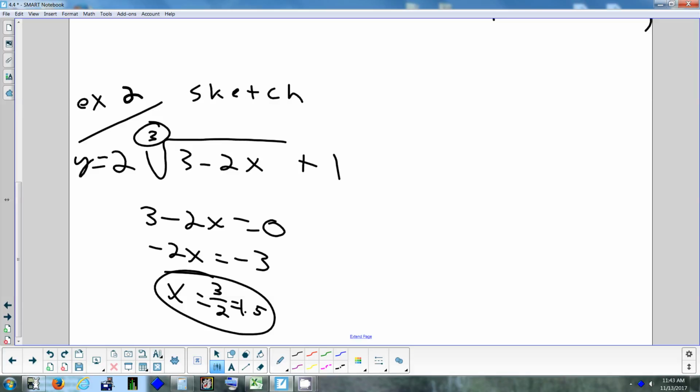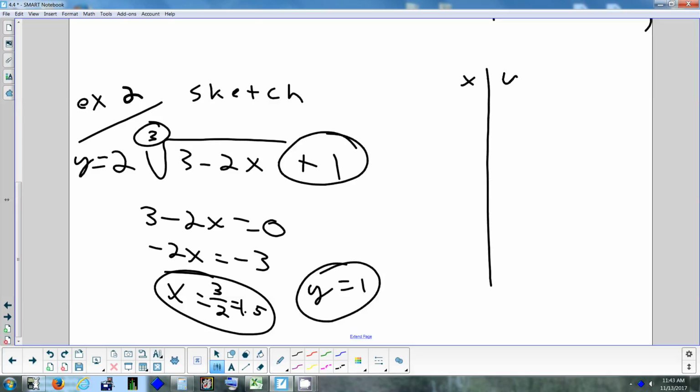And then what's the cube root of 0? 0. 0 times 2? Still 0. So the only number that really matters is that. What's 0 plus 1? 1. So that's my center point. So in our xy table, that's the first point in.